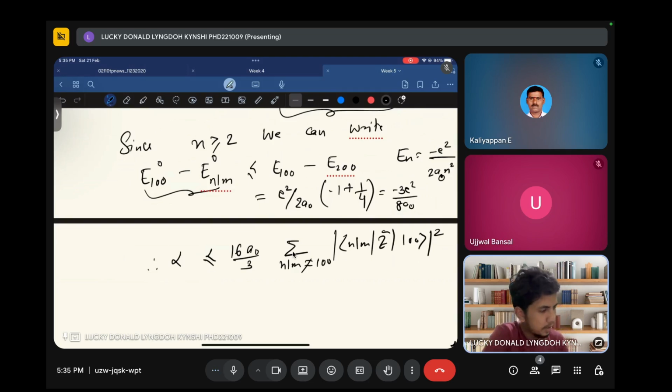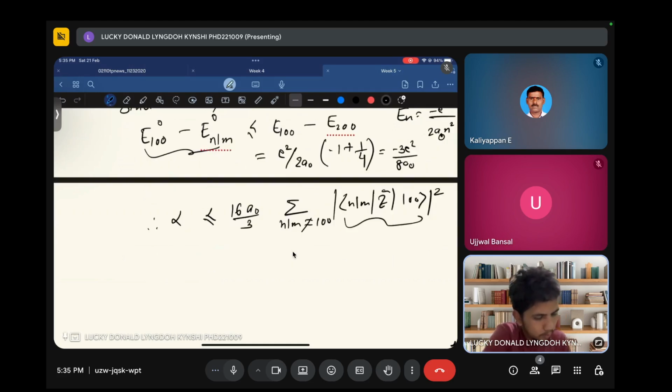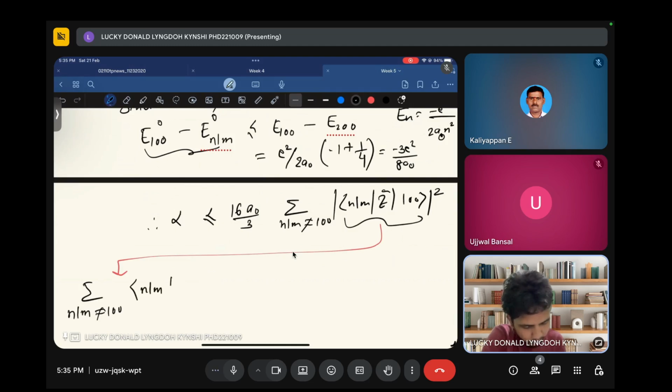Now we just need to solve only this term, which will be equal to the summation over NLM not equal to 100 of NLM z cap 100 whole square.